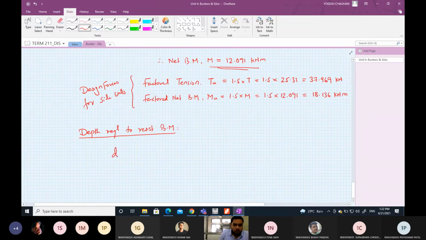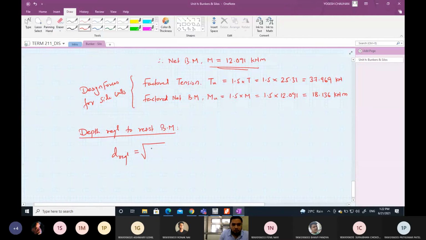Remember, d required is equal to square root of Mu by R into b, where R is a factor which accounts for the depth.